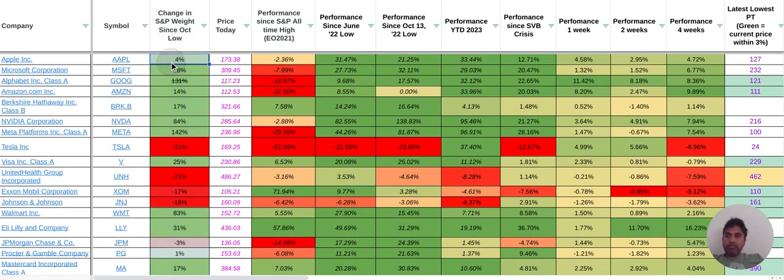The green means, it's a color scale, so if anything has, on October 13, when the S&P was at its lowest in the last couple of years, around 3,589, that was the intraday low.